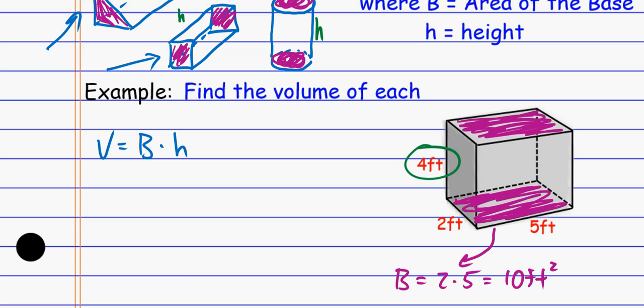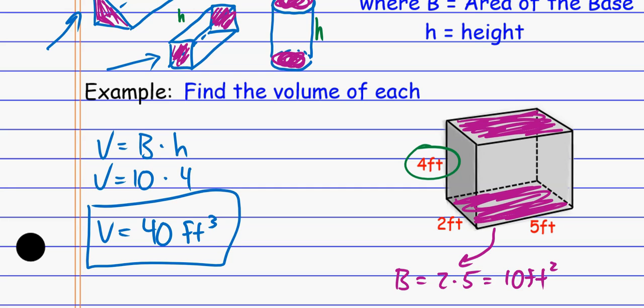Coming back over here to my volume formula, that's going to be 10 square feet times h, the height this time, which is 4. And so when I multiply this, I get 40, and my units are going to be cubic feet. That's because we had square feet times another foot, so now I have 3 feet measurements being multiplied. It's cubic feet, okay?